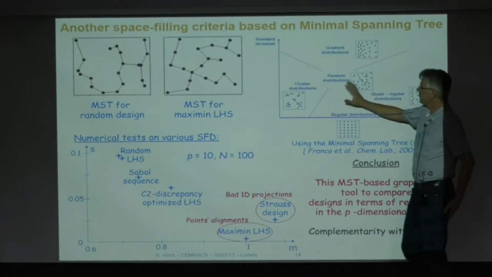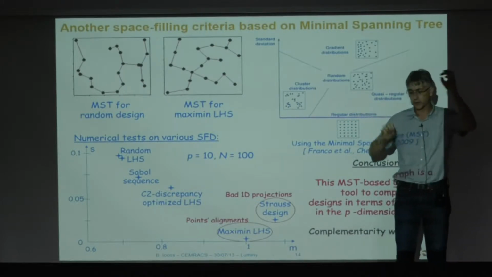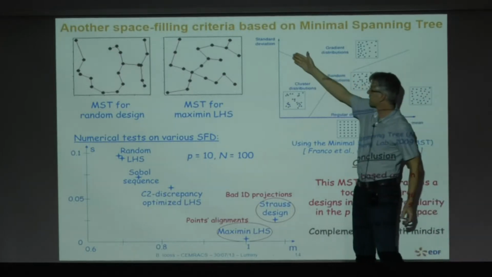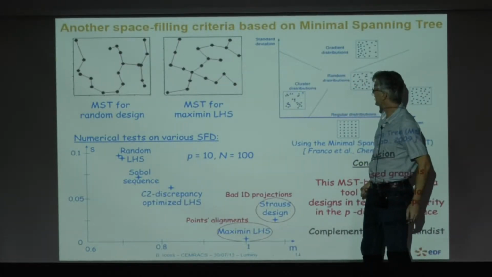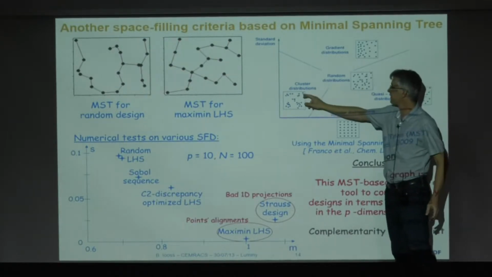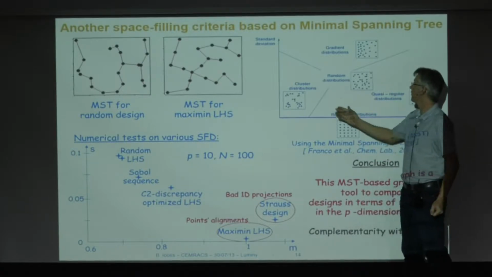So for example, if you have a structure like this with some clusters of points inside the domain, of course the standard deviation can be small, and the mean is rather small because there are a lot of points which are close to each other.